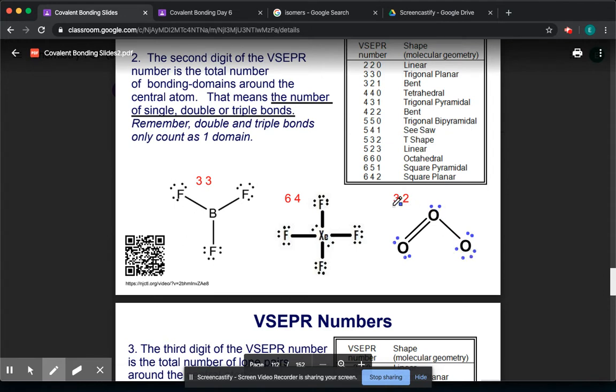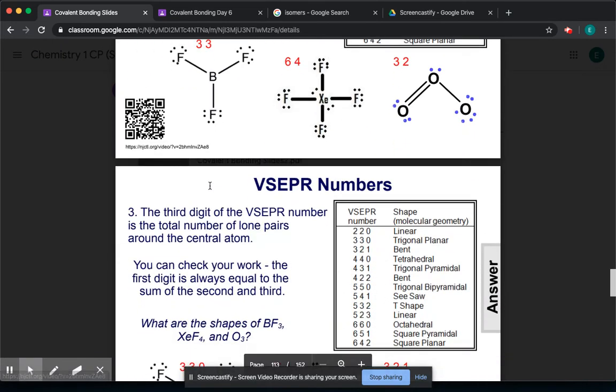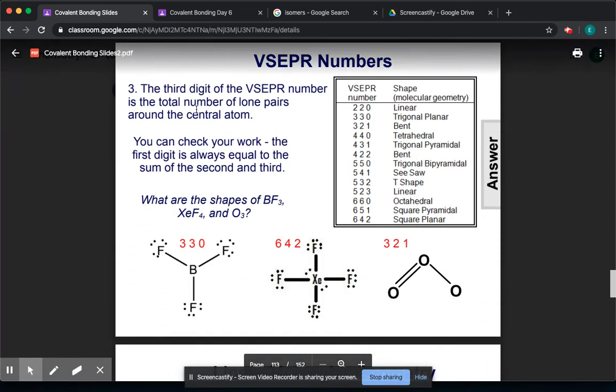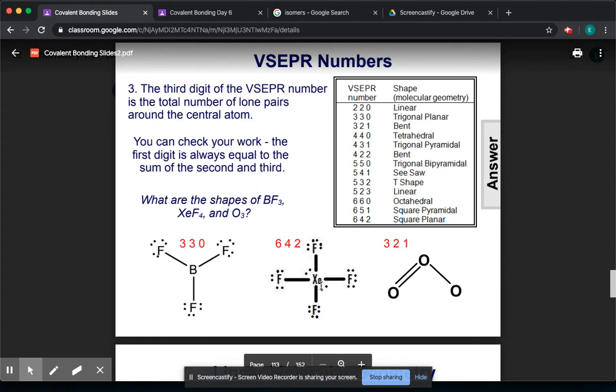And this one would be 2 because we're not including the lone pairs. You have 2 bonds. First digit is the bonds and lone pairs. Second digit is just the bonds. The third digit is the total number of lone pairs. So this one would be 0 because there are no lone pairs on it. This one would be 2 because it has 2 lone pairs. And this one would be 1 because there is only 1 lone pair.